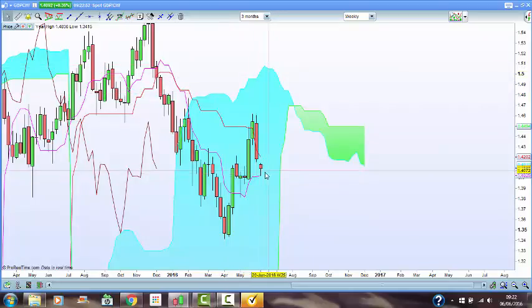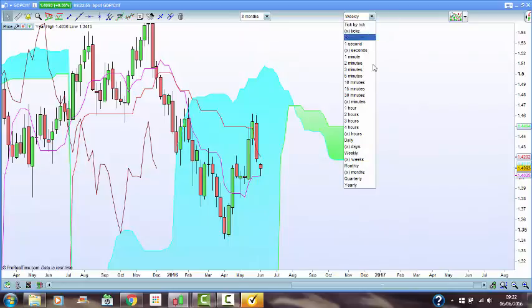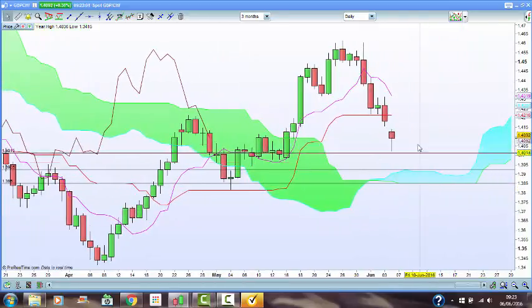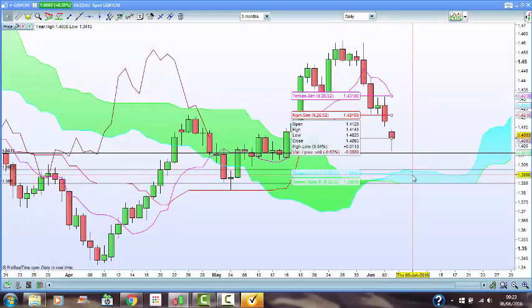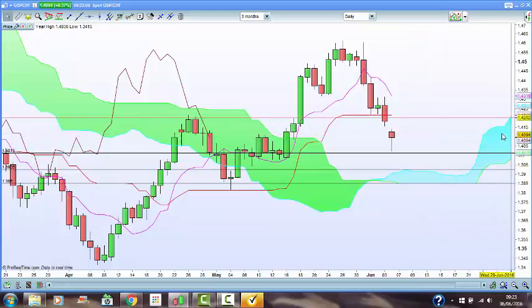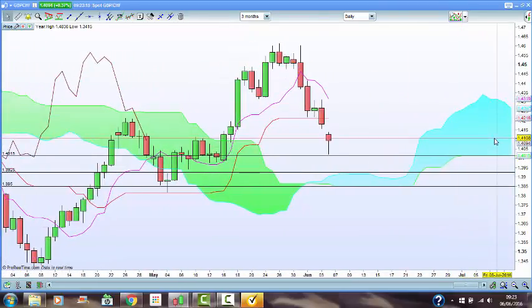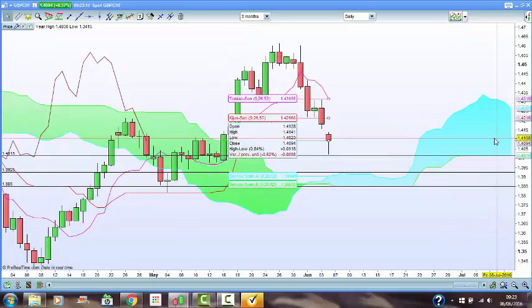And then the bottom end of the cloud here is support, where we're going to look at the daily cloud for significant support. So that's the downside risk currently, right down to the bottom end of this cloud chart support area. So one could say I'll be going long in around this area. But overall, do remember that the front end of the cloud still indicates upside. So we'll be positive on the Swiss franc.